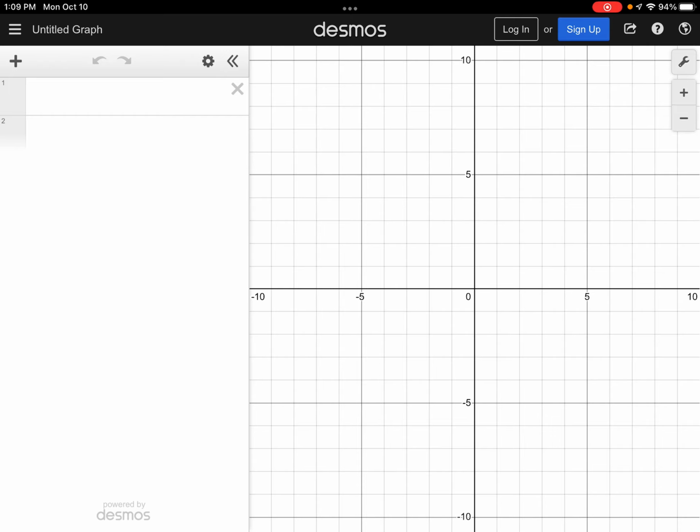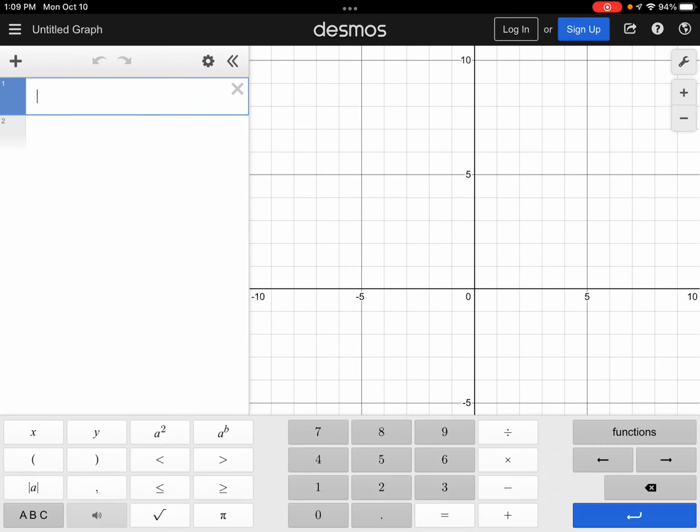We call that Desmos. And the nice thing about Desmos is that we can actually type in equations, even equations that are new to us, like something like y equals x squared. Now, my apologies, it was supposed to be y equals 1/2 x squared.